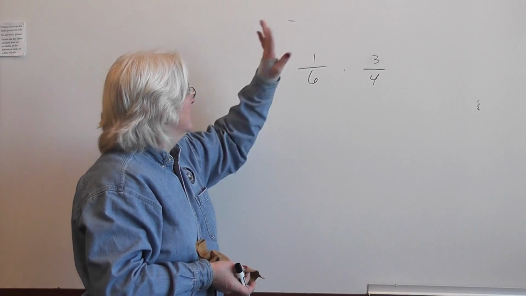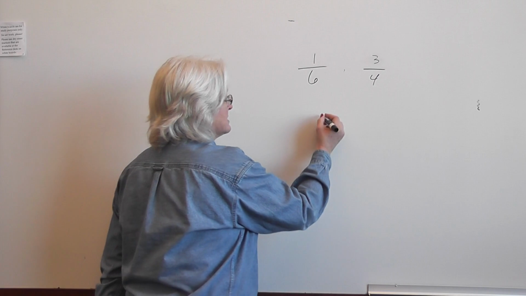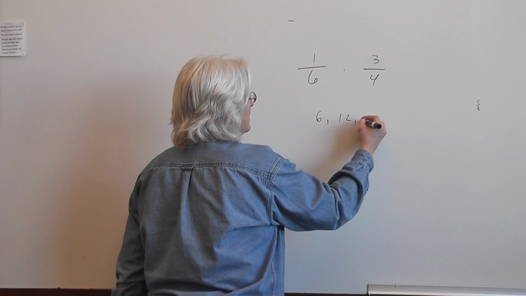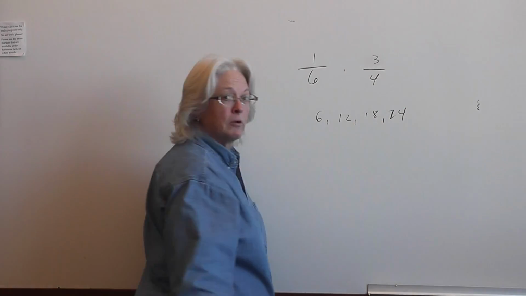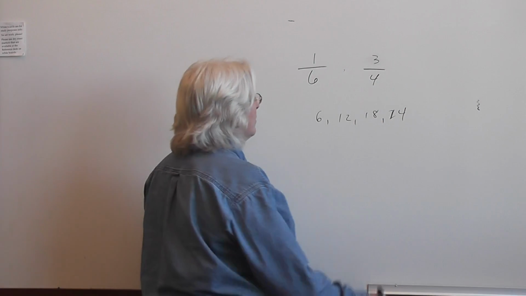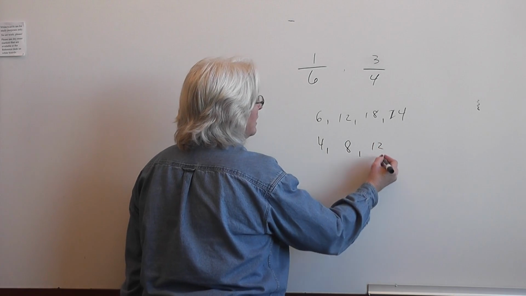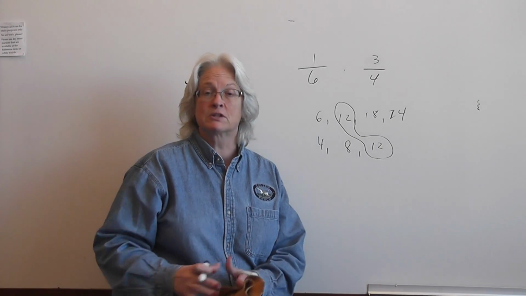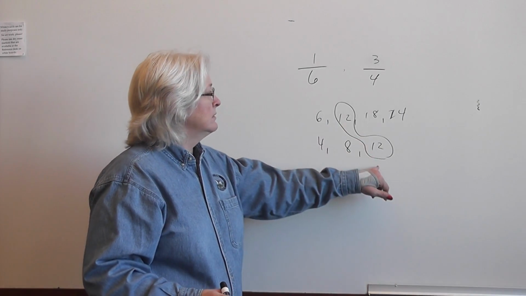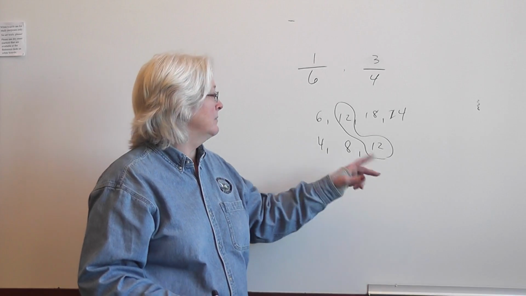Sorry, my tongue is tied a bit there. Multiples of 6: 6 times 1 is 6, times 2 is 12, times 3 is 18, times 4 is 24. The first multiples of 4: 4, 8, 12. Well, right there, 12 is the first time, is our lowest common multiple, or our least common multiple. They call it the LCM.